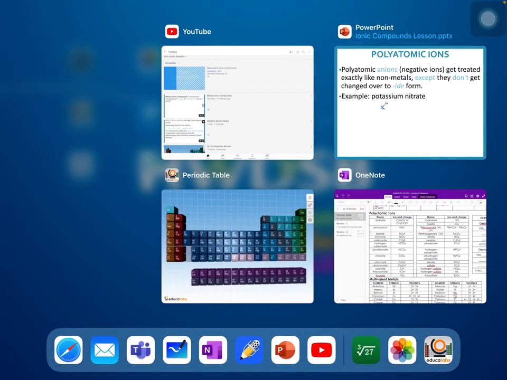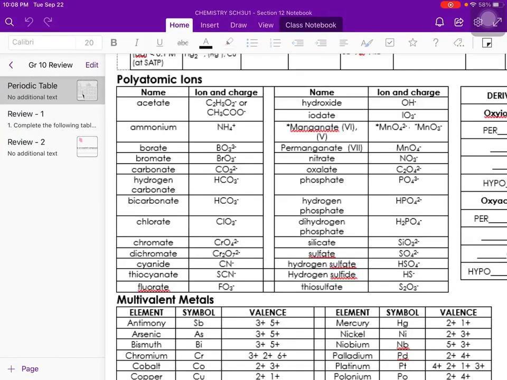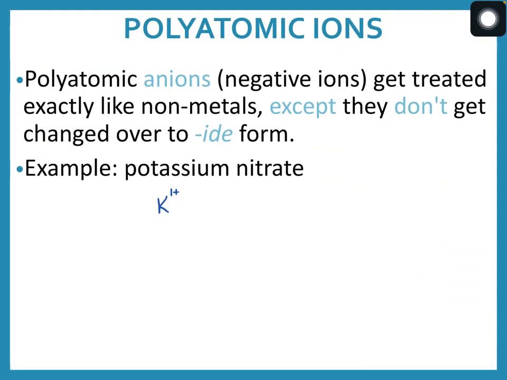Nitrate, when I look that up, the formula and charge for nitrate is, where's nitrate? There we go. NO3 and then a charge of minus. So I have 1 nitrogen, 3 oxygens, and my charge is a 1-.